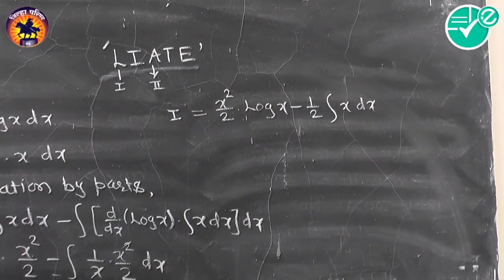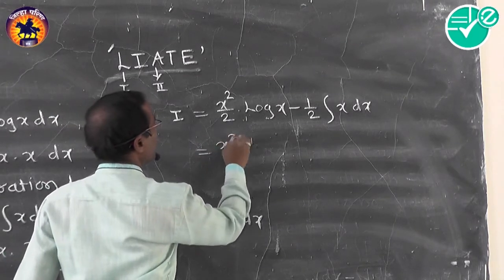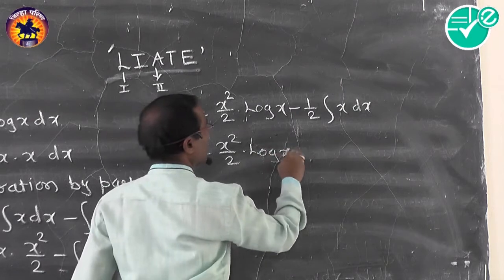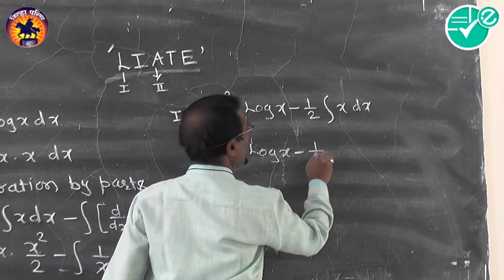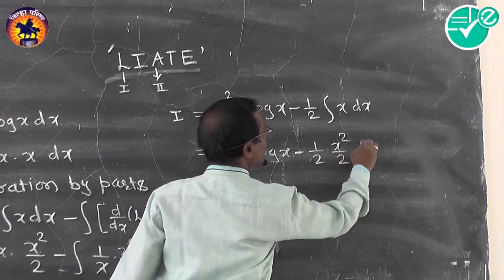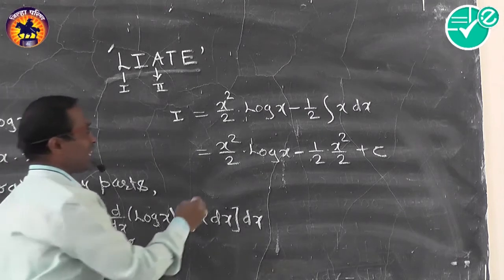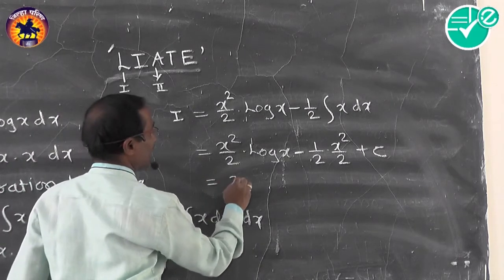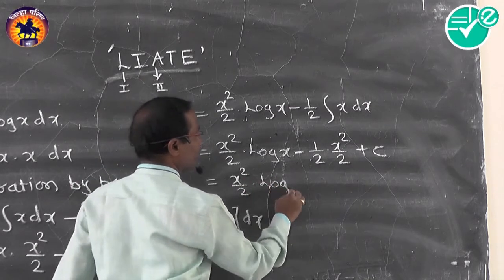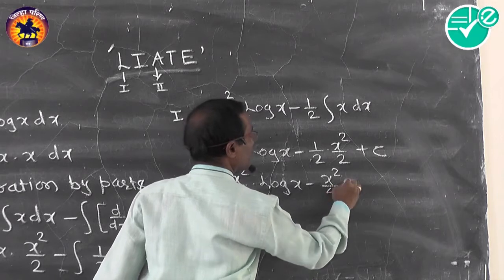Now again we find the integration: x square by 2 into log x minus 1 by 2 into x square by 2 plus c, where c is the constant of integration. So this can be written as x square by 2 into log x minus x square by 4 plus c.